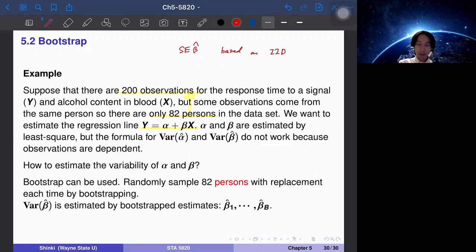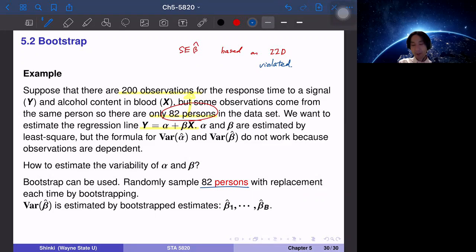But here, some observations come from the same person, so this assumption is violated. In such a case, we can use Bootstrap. And the point is that we sample from independent observations. Here we can say that the 82 persons are independent, but the 200 observations are dependent. Some of them are dependent.